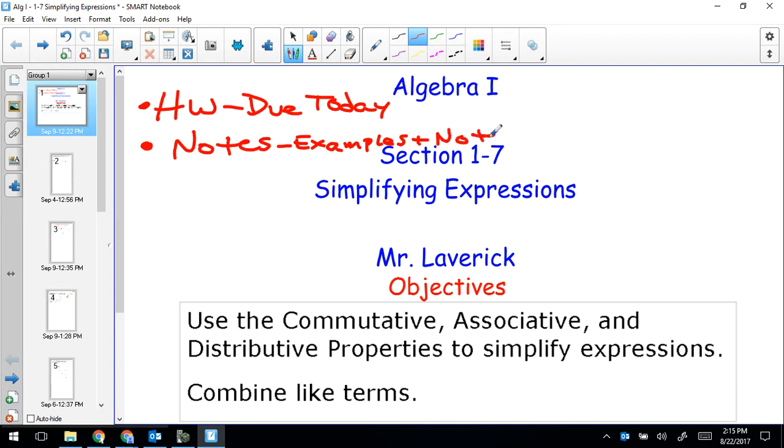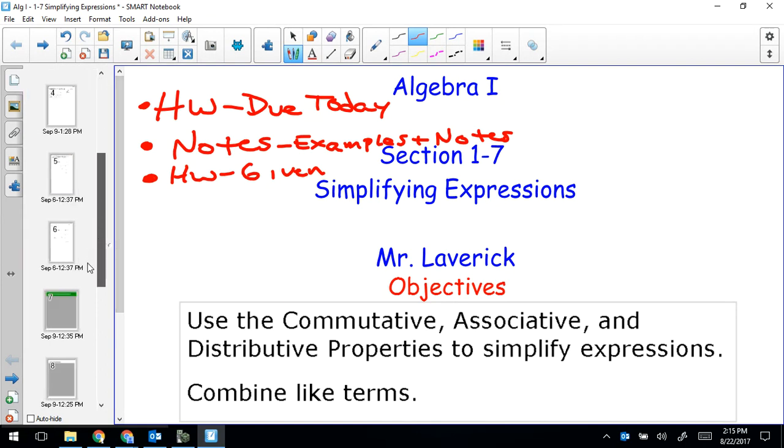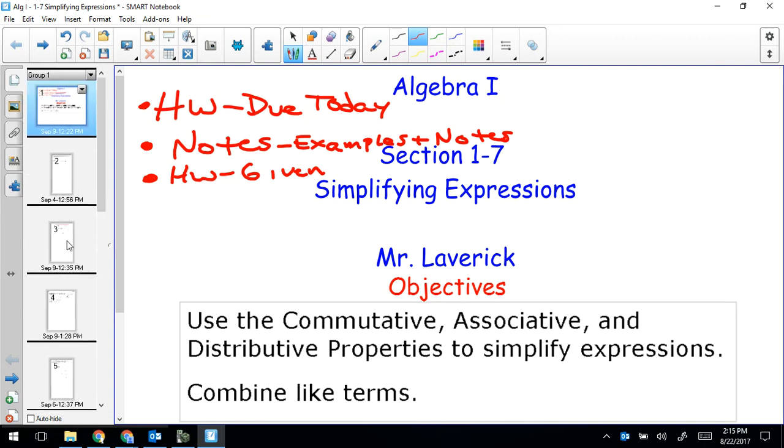So I want all examples that we do written down, and everything that I highlight really should be written down. And then also I'll be checking the homework given today. That's the worksheet, and I'll tell you about that a little bit later on. So let's get into the notes.